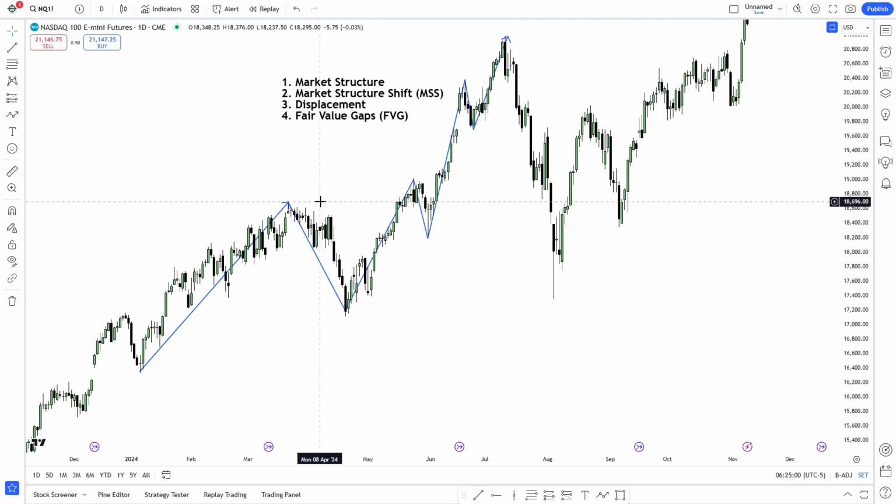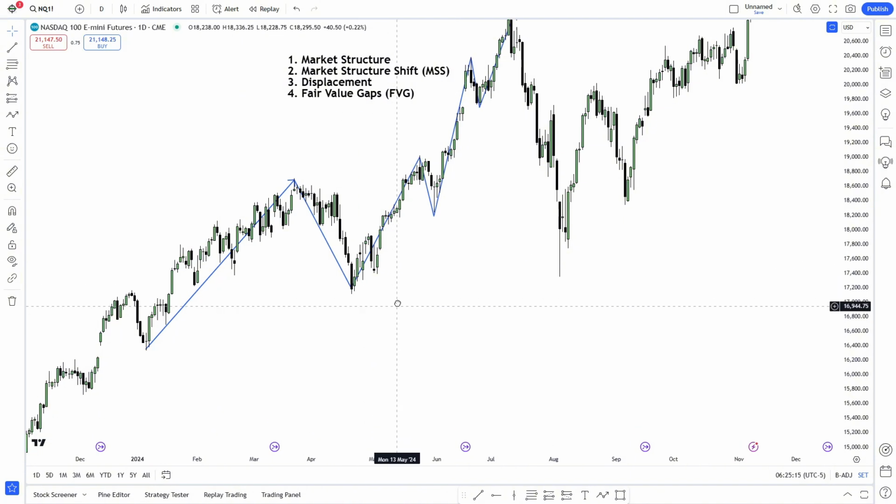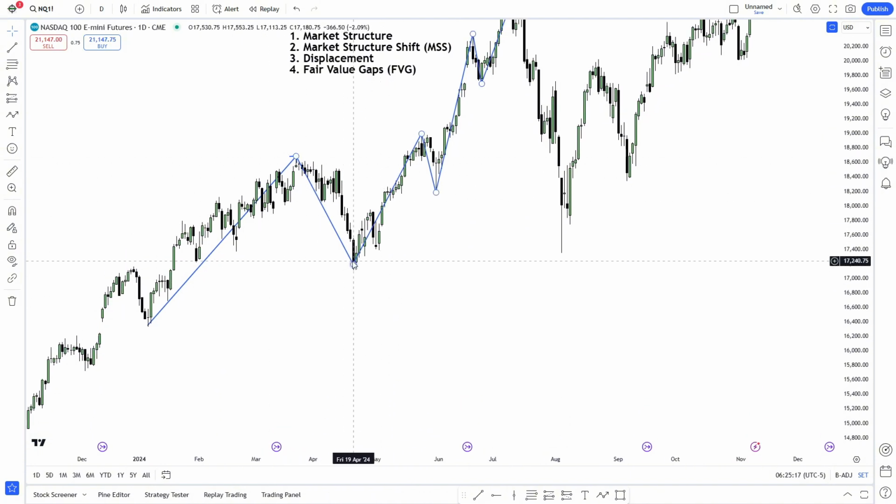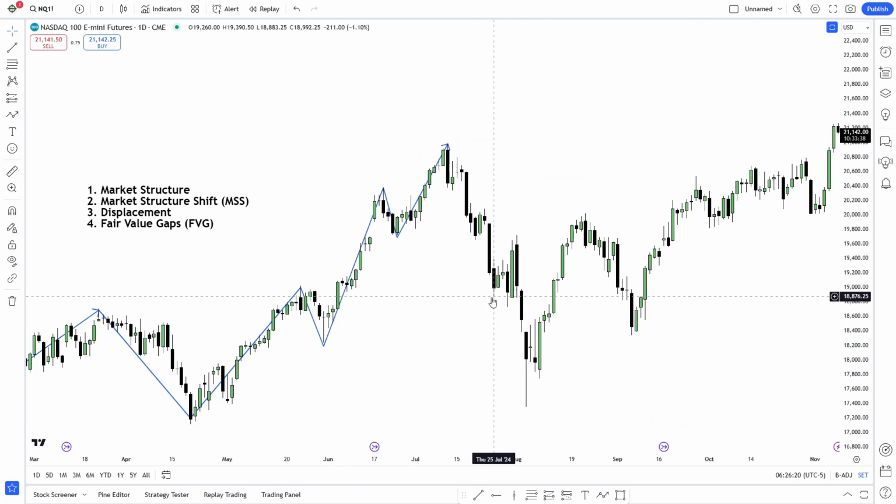This is very important, because if we know now that we are on an uptrend, we can then look to target old highs for buy side liquidity, and also be on the right side of the market so that we don't take losses by trying to go short and having unrealistic expectations of aiming for unrealistic targets below the market. Okay guys, now I'm going to go over market structure shift.